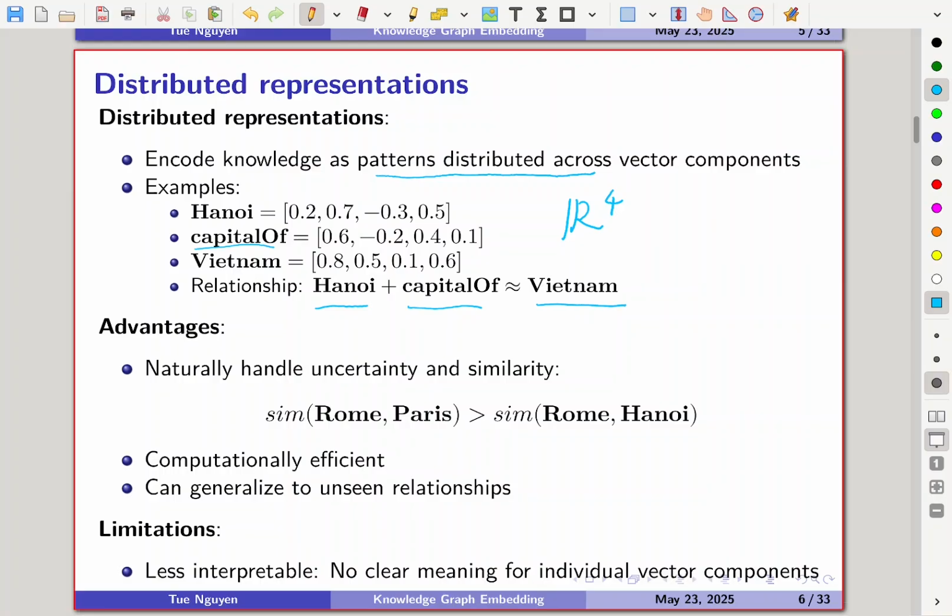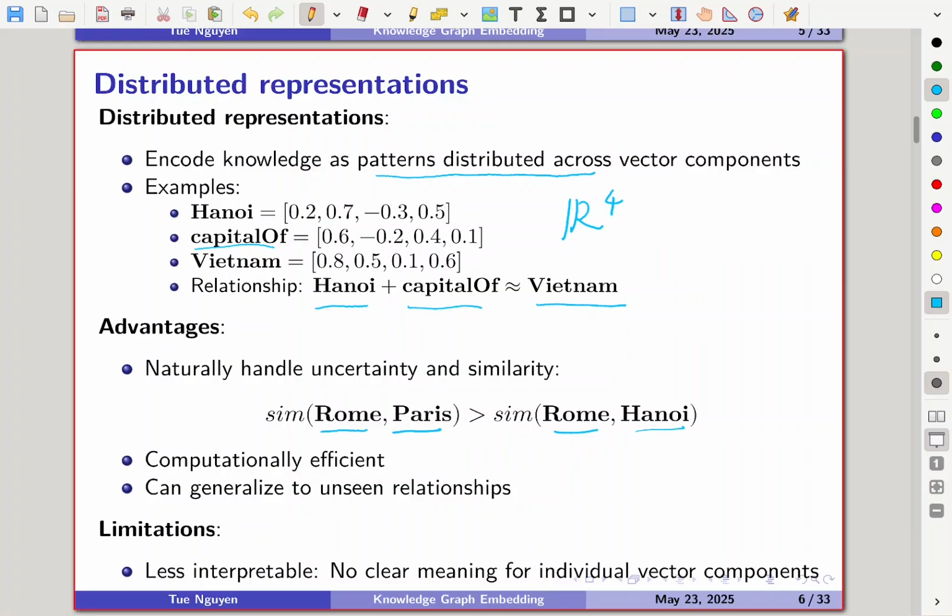So the advantage of this approach is that it can naturally handle uncertainty and similarity. For example, we can quantify the similarity between Rome and Paris and between Rome and Hanoi, and we can do a comparison and get something like Rome is more similar to Paris than to Hanoi. The second advantage is that it's very efficient computationally, because under the hood it's just vector and matrix multiplications and operations, and it can generalize to unseen relationships.